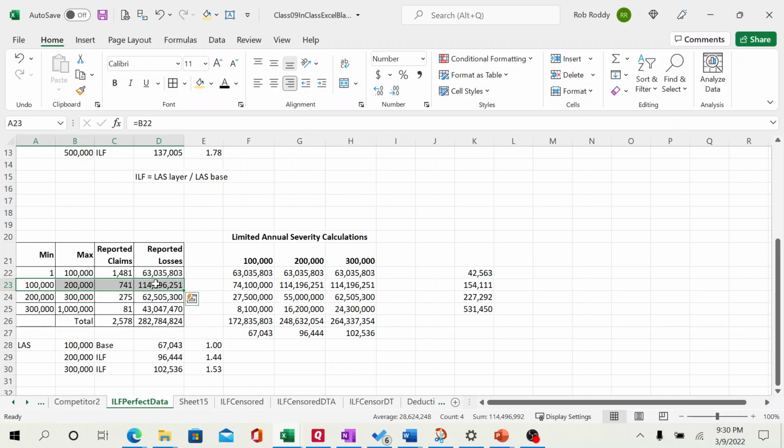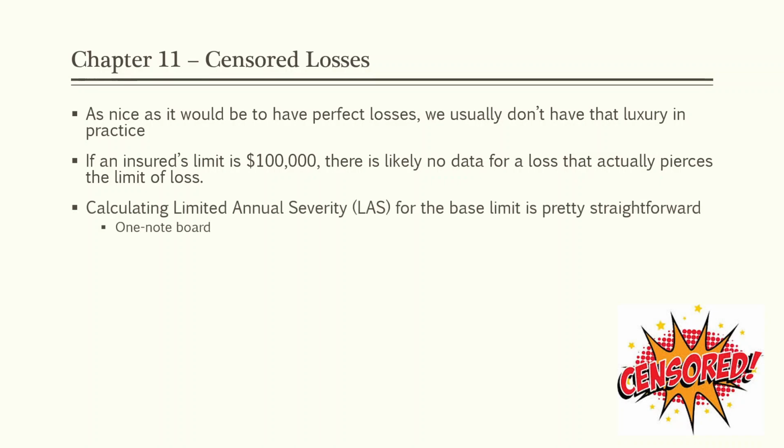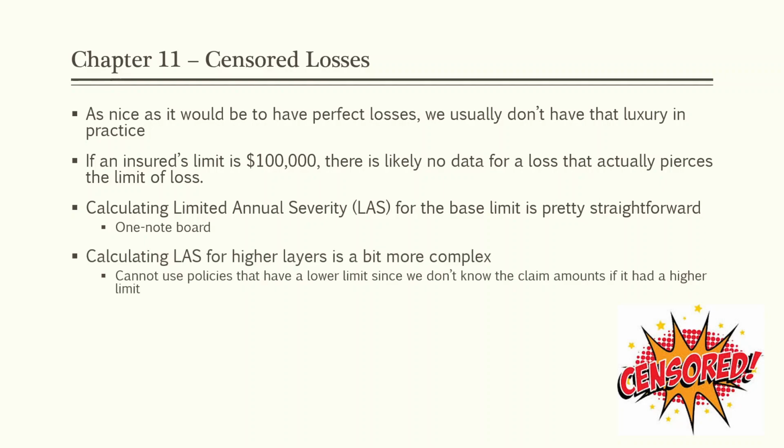But if the insured had a limit of $100,000, you don't take data on that, because you're only having data on the losses that you actually paid out at $100,000 if there's a limit. There's likely no data, because the insurer's not going to bother to estimate it, because they don't have to pay it. So it's still straightforward to do the base limit.